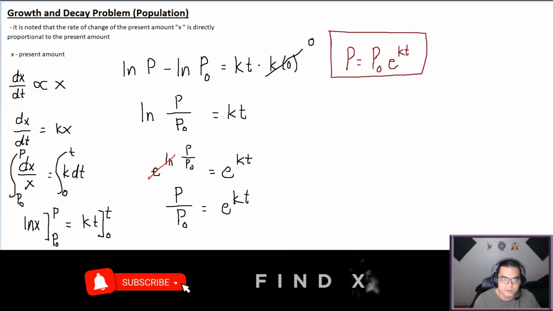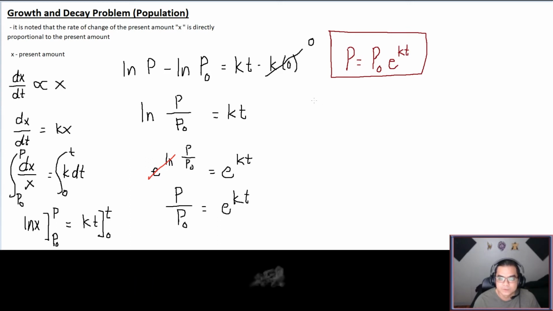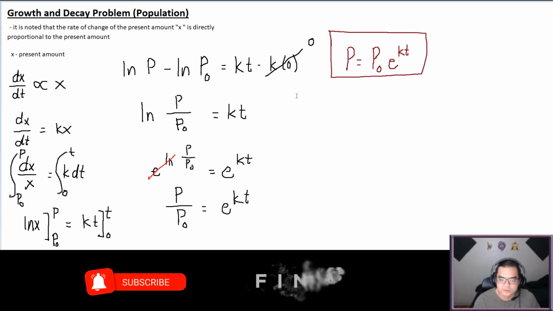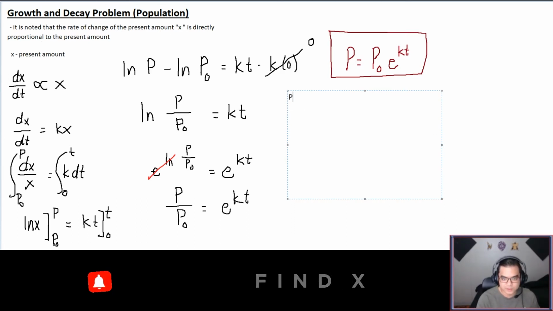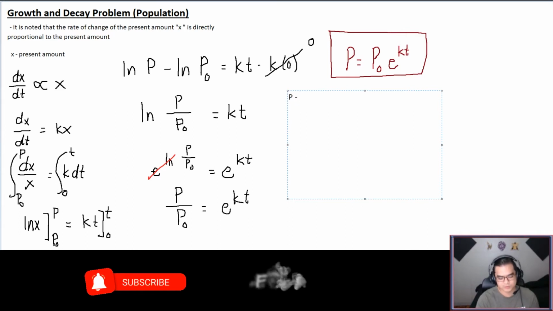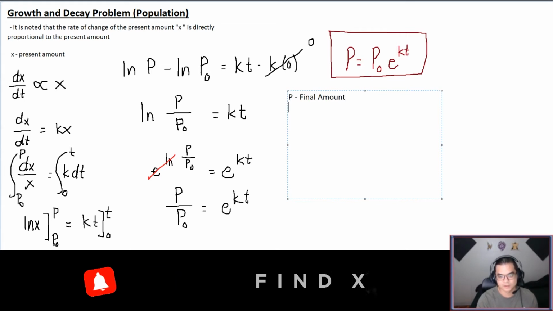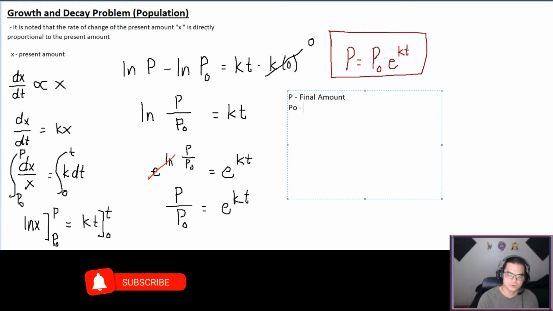So let me put the symbols. P is your final amount. Po will be your original or initial amount.